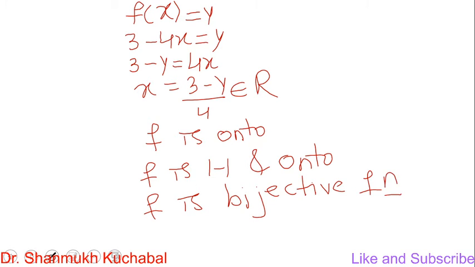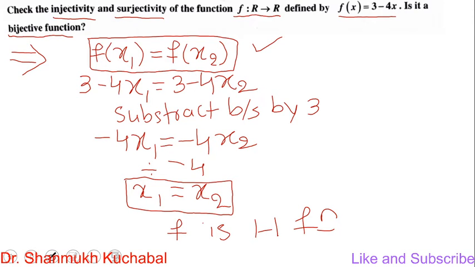So dear student, this is the procedure. Here for the given function we represent f(x1) = f(x2). Further, wherever x is there in f(x), it is replaced by x1, then simplify. Here also an equal to sign, here also an equal to sign. Therefore f is a 1-1 function.